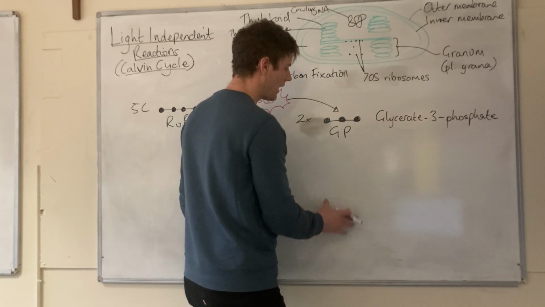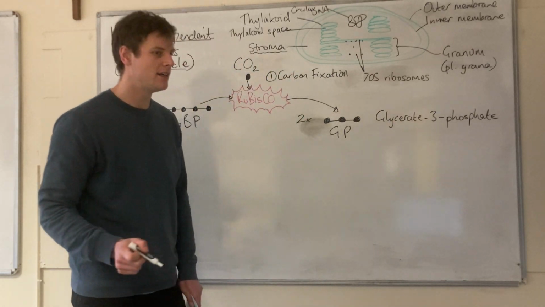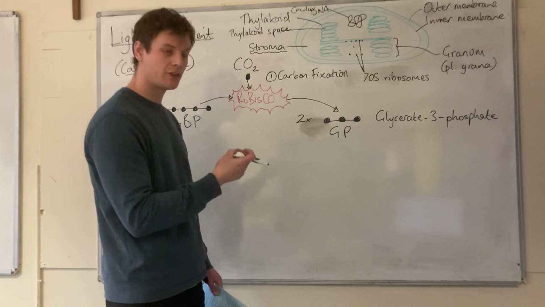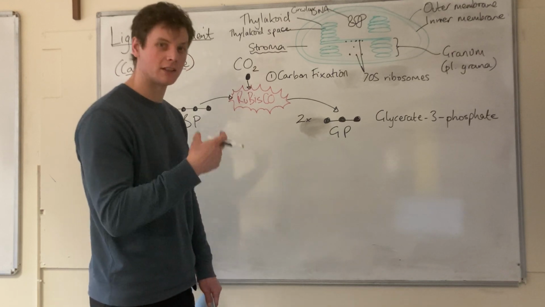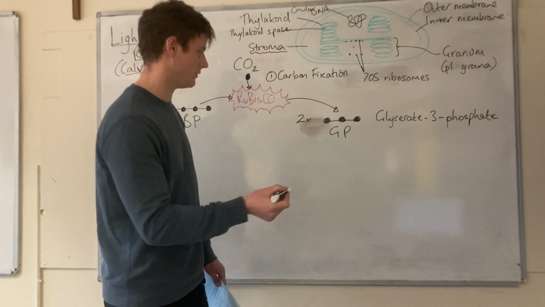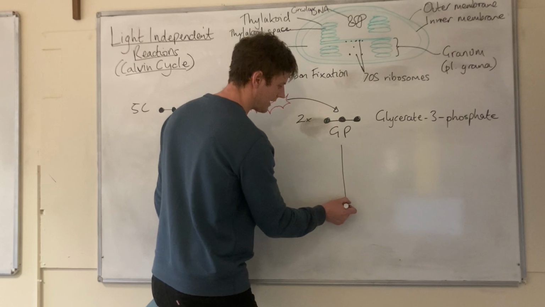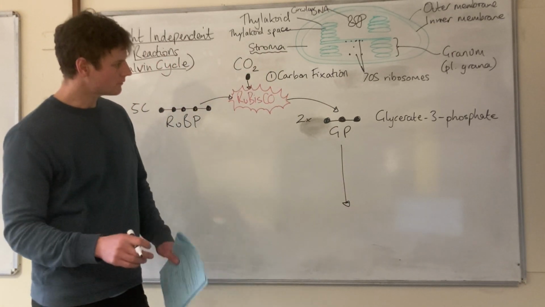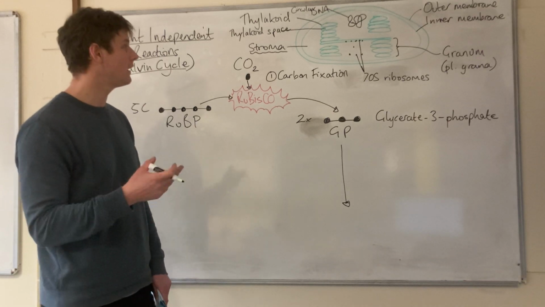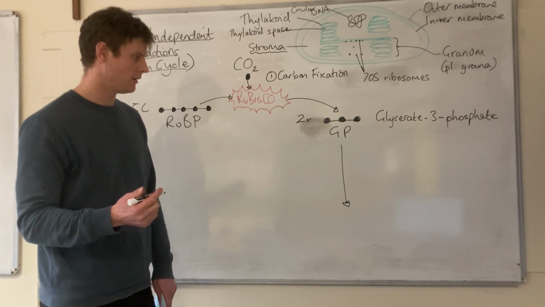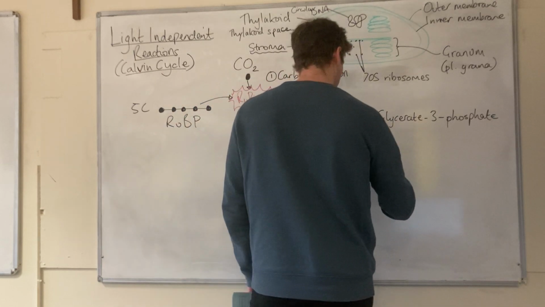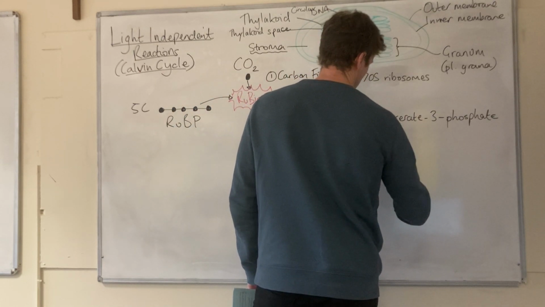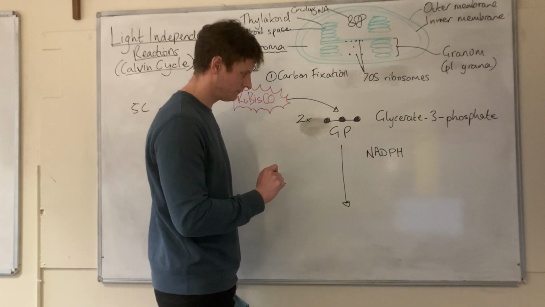Glycerate 3-phosphate then undergoes a reduction. So it is reduced. Reduction is the gain of electrons and the gain of protons. So where does it get those electrons and protons from? Well, from the products of the light-dependent reaction. You remember the light-dependent reaction produces reduced NADP.